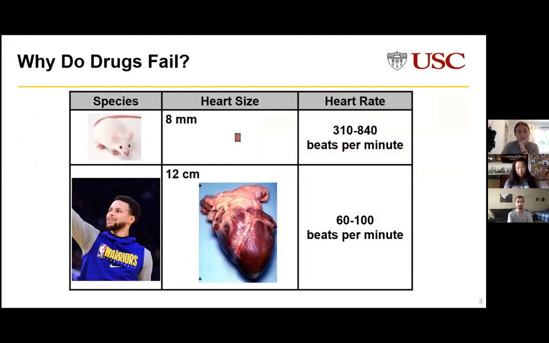But what happens oftentimes when moving from in vitro to in vivo is that the differences between human physiology and animal physiology make it such that the drug doesn't act the same. One example is rats versus humans. The heart for a rat is 8 millimeters, but for a human, it's about 12 centimeters, and the heart rate is entirely different. So that might mean that a drug might work for an animal, but it might not work for a human.